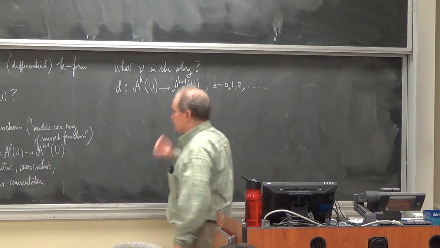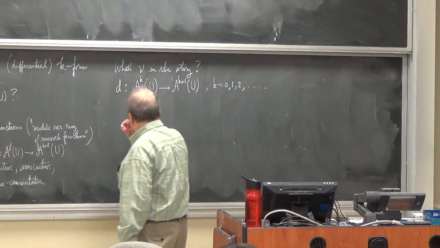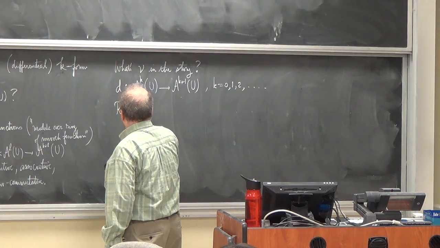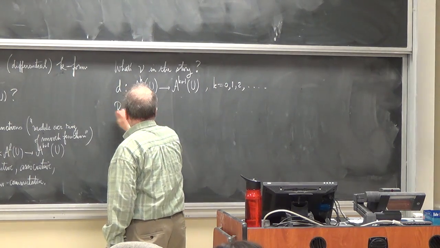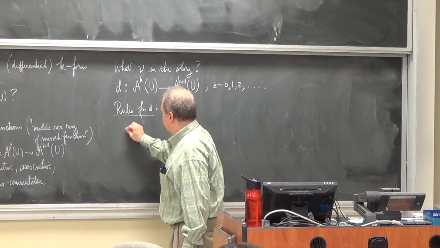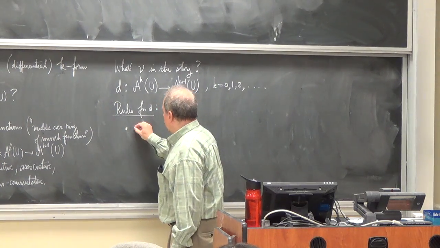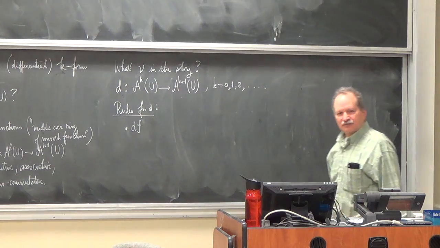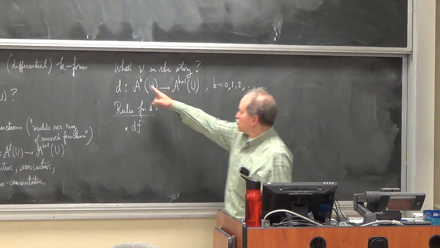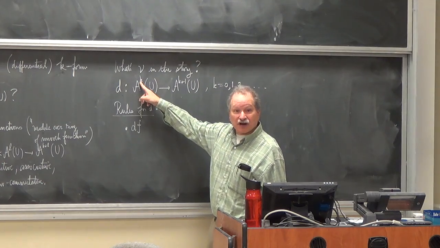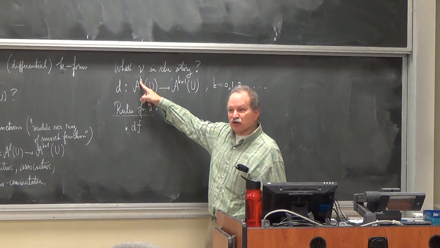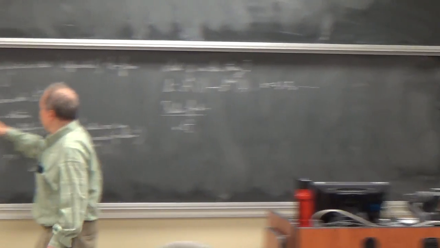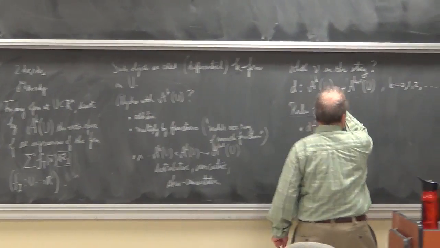I'm not going to make a different symbol. So here's what d does. First of all, when you take a function, so functions are 0 forms, right? Remember we said yesterday scalars were what happened when you did lambda 0.